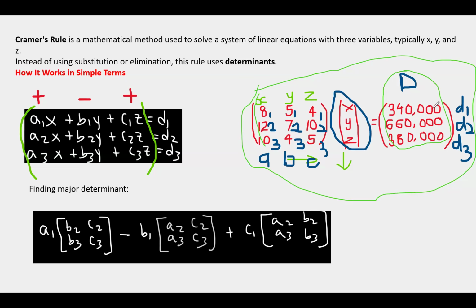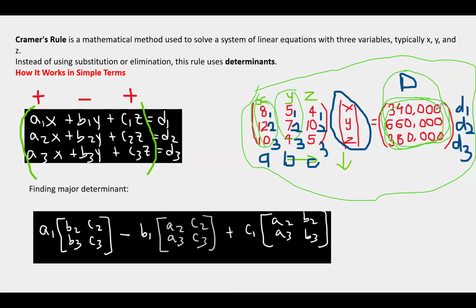It's very important, because once you place these particular values in the wrong column, you're bound to get wrong answers. So when you're finding x, you put these values under the x column. When you're finding y, you're going to put these values under the y column.